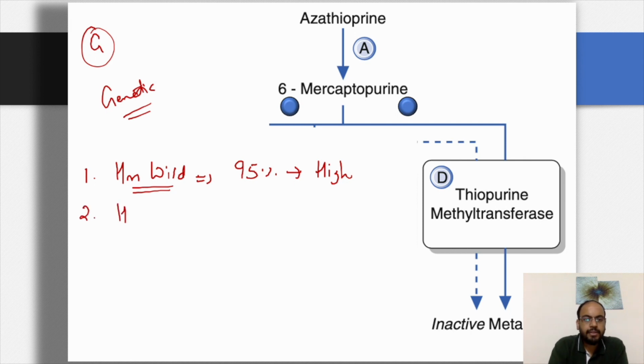Second scenario is homozygous mutant, in which both the alleles are not working, and this is seen in very rare percentages ranging from 0.3 to 0.06%.